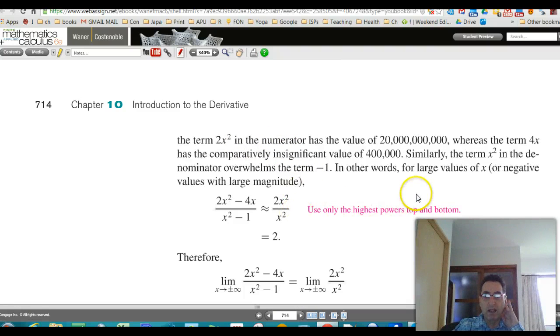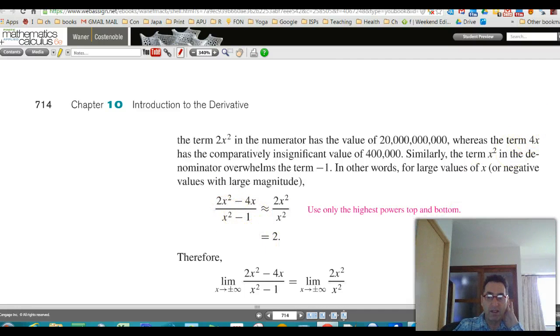Let's see what they say here. In other words, for large values of x, this thing basically behaves like this. In other words, this term and this term are not really important. And so we can say that it basically is the same as just this term and this term.